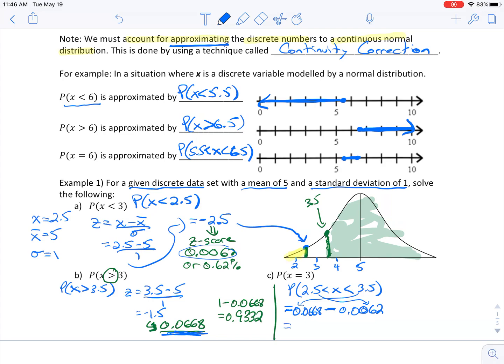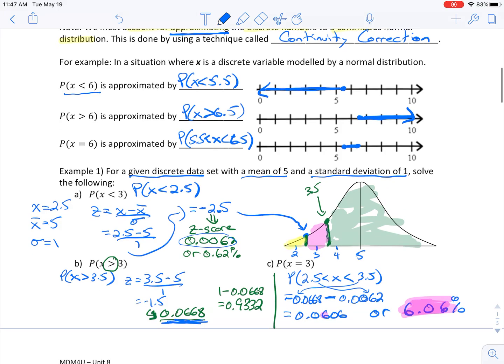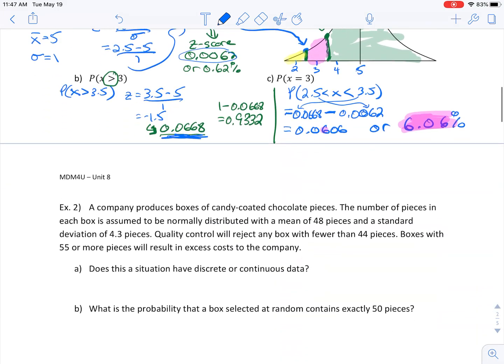And that tells me the difference between, which is going to correspond, and I'll highlight in a second. So this becomes 0.0606 or 6.06%. And that, pick a different color, so this guy corresponds to this. So between 2.5 and 3.5, that's the percent that I get, or my probability, whichever way you want to think of it. So again, a bit confusing in terms of conceptual stuff, but kind of makes sense in the end.